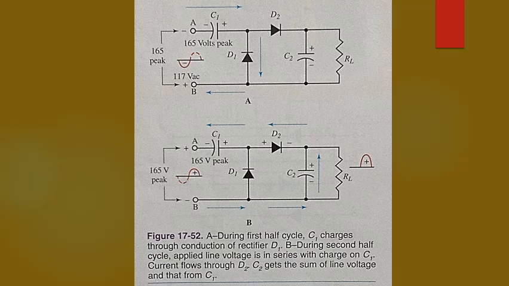During the positive half cycle, point A is positive. The applied peak voltage, 165 volts, is in series with the charged capacitor C1. In the series connection, the voltages add together, so the output from the doubler is the applied voltage plus the voltage of C1.